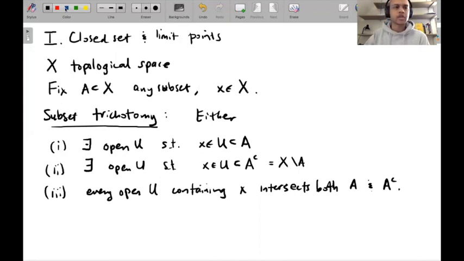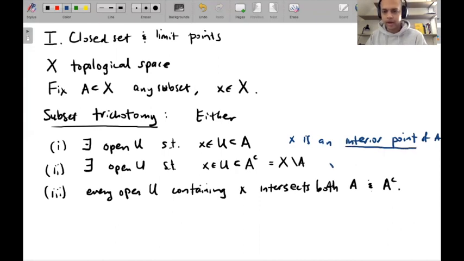So in this first case, we say X is an interior point of A. And here we say X is an exterior point. And in this third case, we're going to split this case into two further cases.